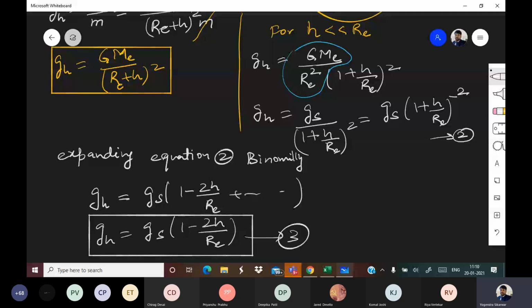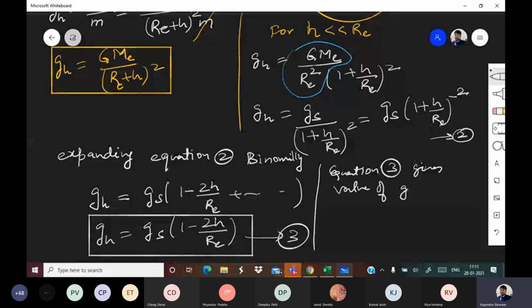Please note, equation 3 gives the value of G at smaller heights.